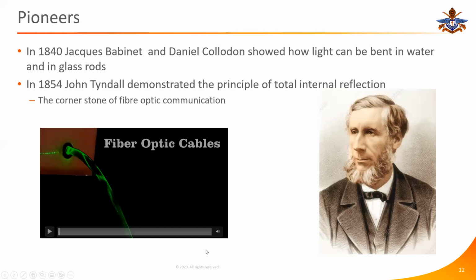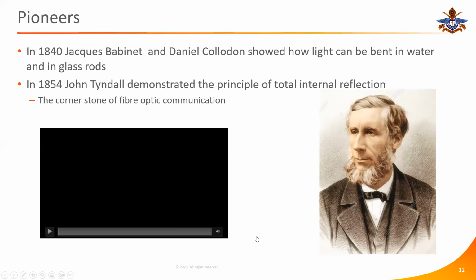He demonstrated the first principle of total internal reflection. Today we use total internal reflection as the main means of guiding energy through optical fibers. These discoveries were made in 1854.